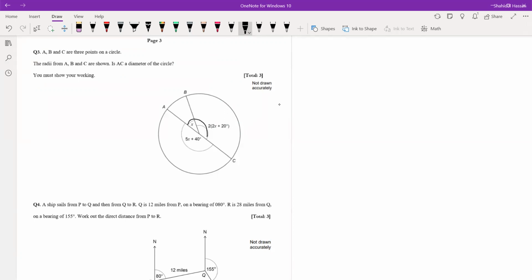Oh no. Nope. If AC is the diameter, then what are we supposed to prove? We are supposed to show if AC is a diameter of the circle. How can we show it, sir?